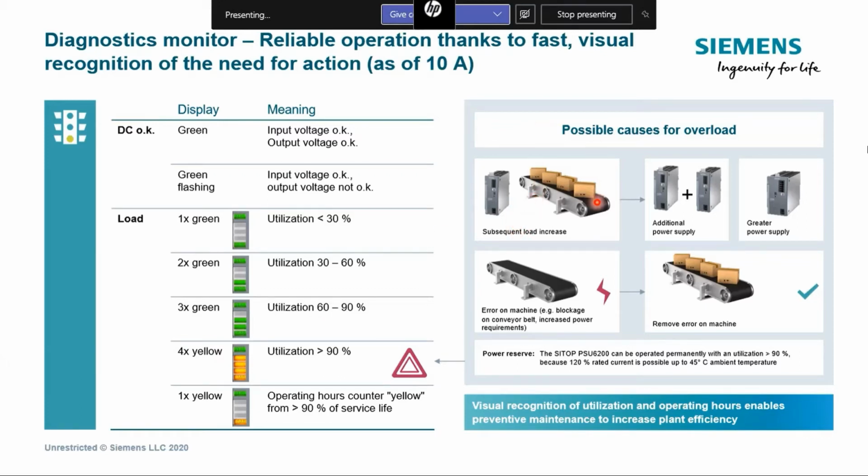If I have a high load, then I might think, okay, maybe I get a bigger power supply, or maybe I use a second identical power supply to split the load between the power supplies. But there is also the scenario that the load shouldn't be too high and there is something wrong. Maybe something is stuck. So this will allow you to at least have an idea of what the issue is and correct it.